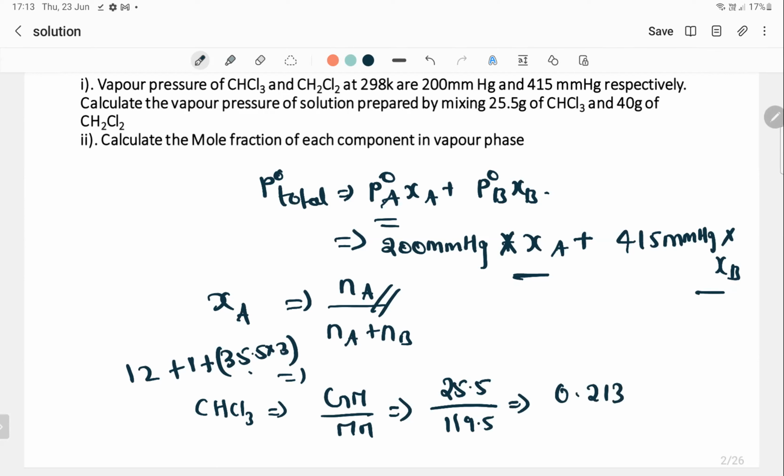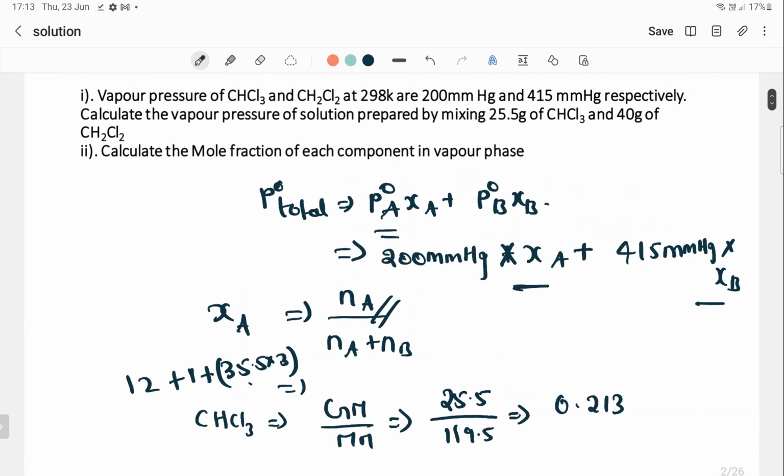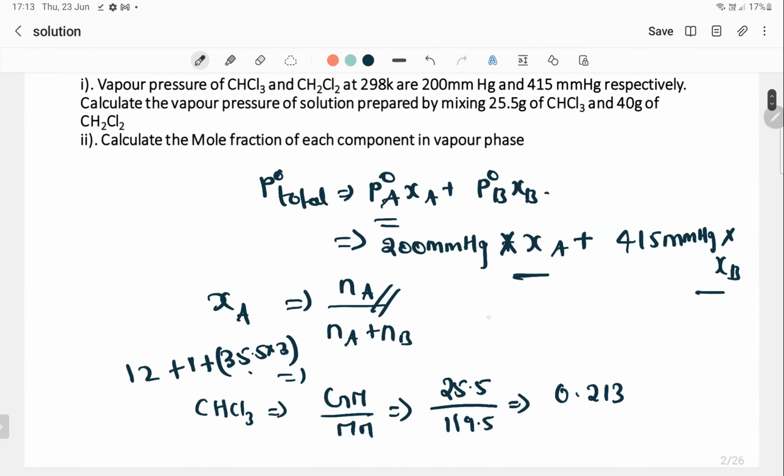This is for chloroform. Everyone understood this? Now calculate for dichloromethane, CH2Cl2.